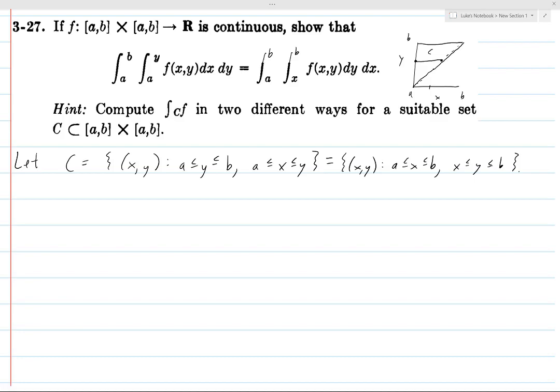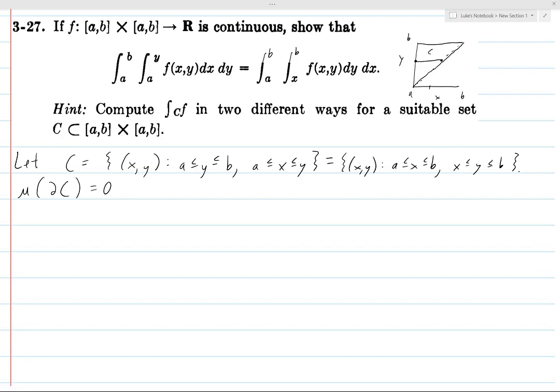All right, the boundary of C has measure 0. Why is that? You can sort of do that by visualization.